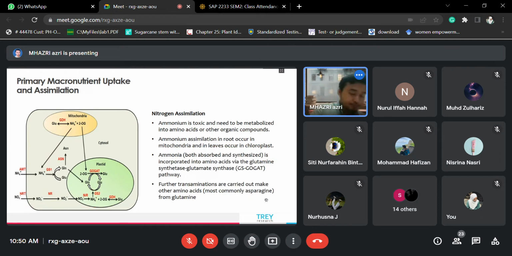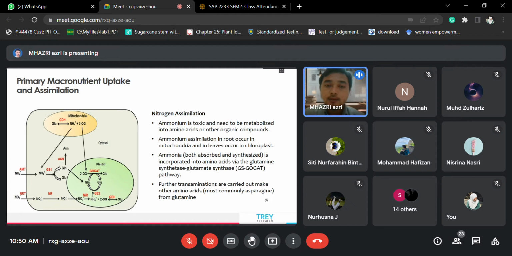Ammonium is very toxic, so it must be quickly converted into organic compounds. Okay, that is why when the root absorbs nitrate, it will be converted into nitrite in the cytoplasm, and it will be carried to the xylem to the upper part.